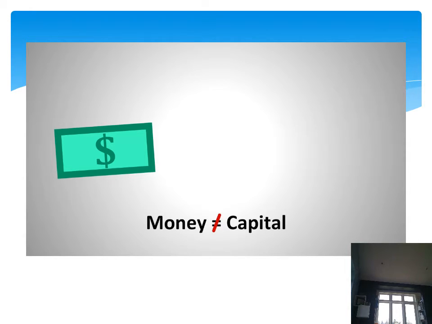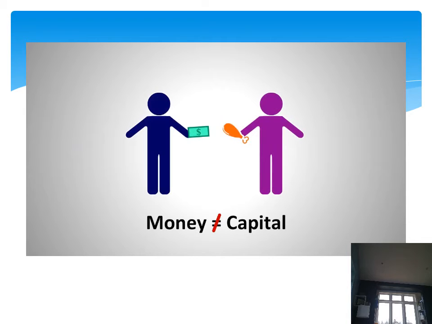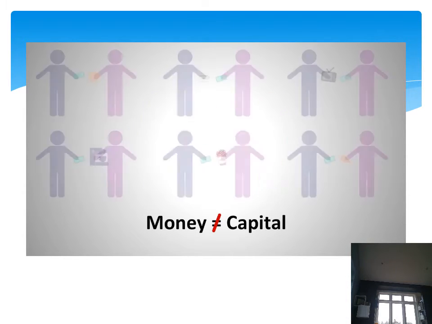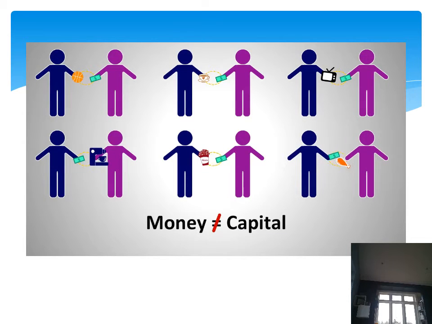In economic terms, money is not capital because it cannot produce anything, like a machine does. Rather, money is an expression of value. With money, it is easier for us to exchange goods and services. Money serves as a lubricant for the economy.